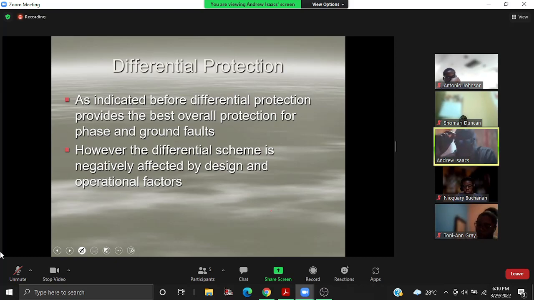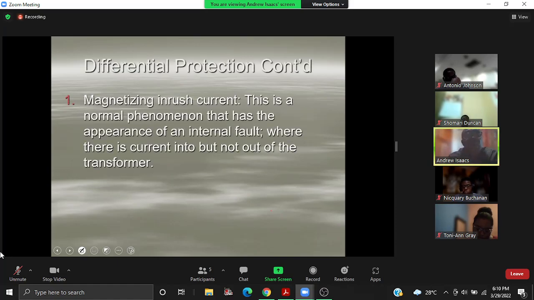Now we're going to look specifically at the design of your transformer and how it will then force us to take into consideration the operational features of your transformer. So the first challenge we have as far as differential is with respect to magnetizing inrush current.